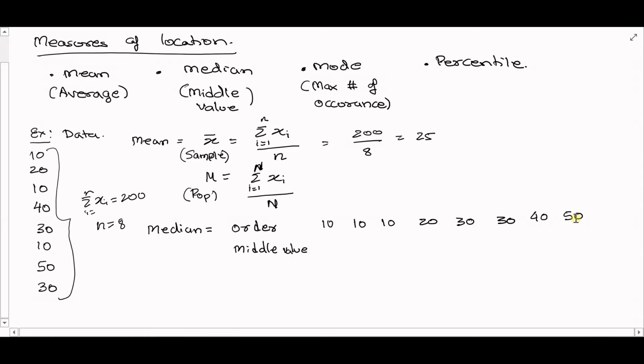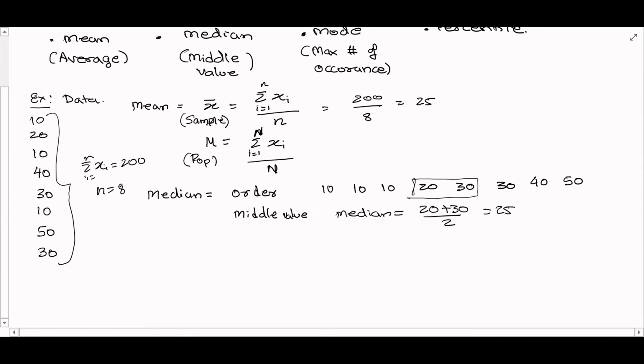Now notice this is an even number of observations, so the middle values will be 20 and 30, so your median in this case will be the average of the middle values, which is 25. So the mean and the median are the same in this data set.